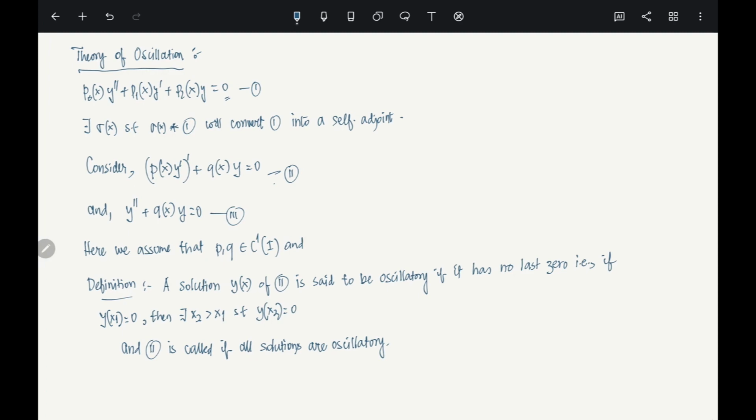If you are just looking at one solution, it is oscillatory if it does not have any last zero. Very clear, right? And of course, if you have a solution y(x) which is not oscillatory, we will call it non-oscillatory. That's just nomenclature. So let's look at an example.